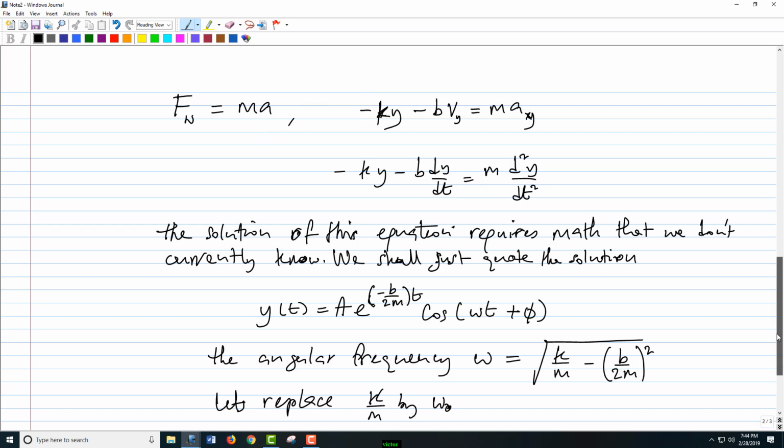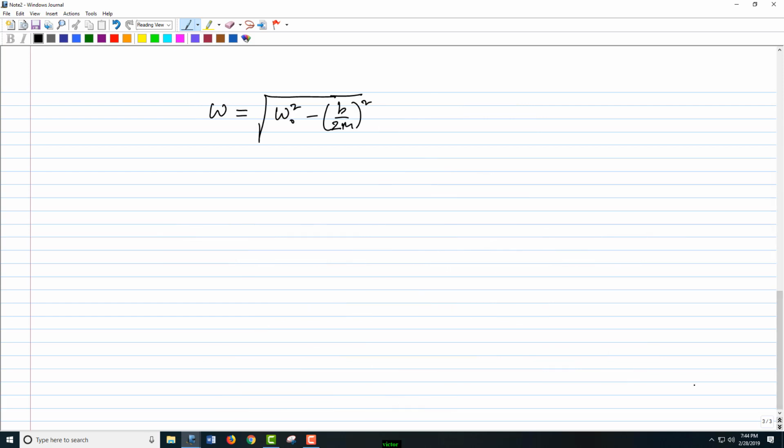So we can write the angular frequency to be equal to the square root of omega naught squared minus b over 2m squared. So this omega naught is called the natural frequency of the system.